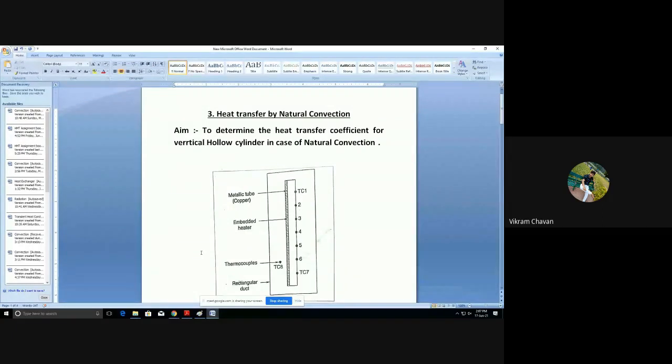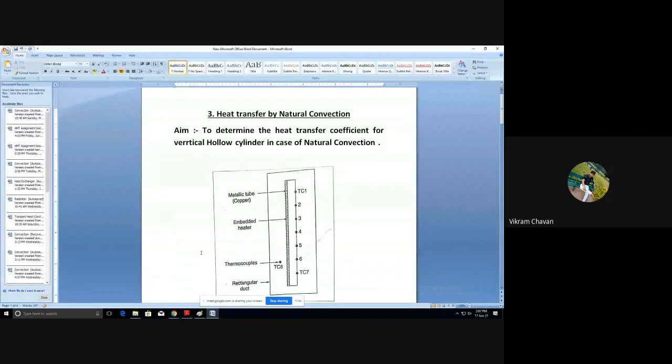Such convection heat transfer will be called natural convection. We know that in the convection chapter, we have discussed the difference between natural convection and forced convection.